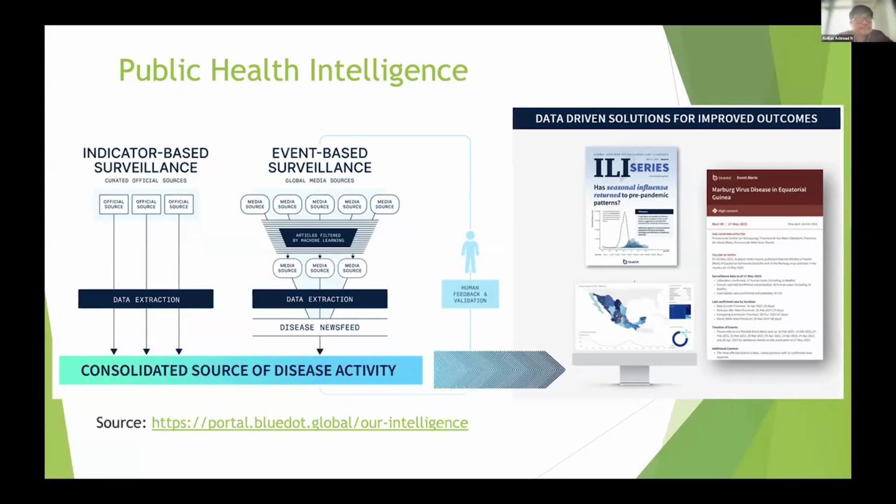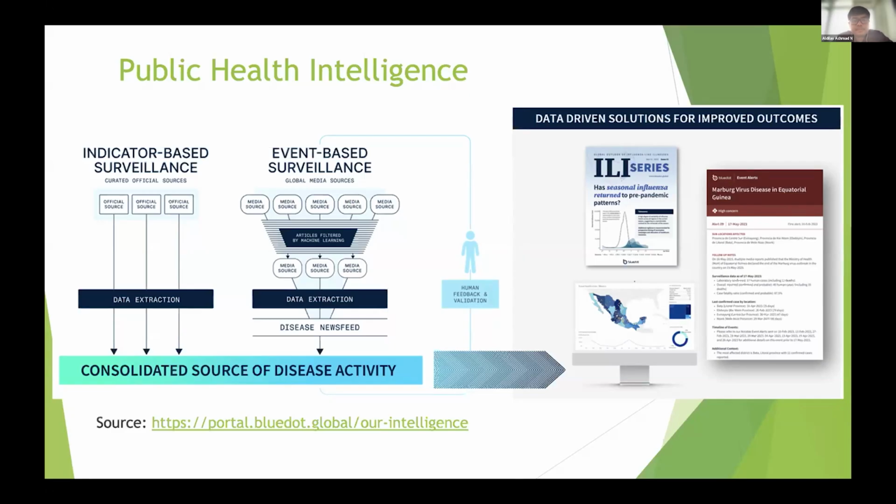They combine the official sources or the historical data issued by the Ministry of Health or the officials from the countries, with event-based surveillance from the news, social media, and other rumors, which they can analyze, and with human feedback and validation, they can provide information to the officials in the countries that there might be a risk of the exportation or spread of the diseases.